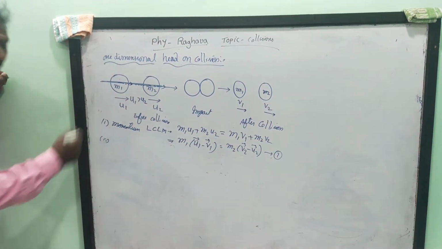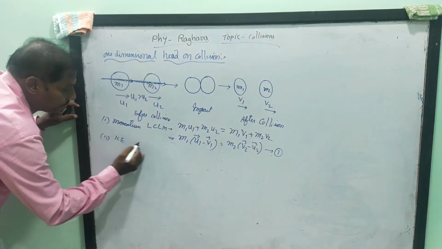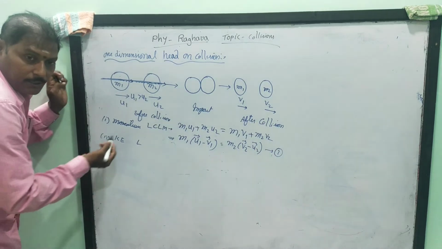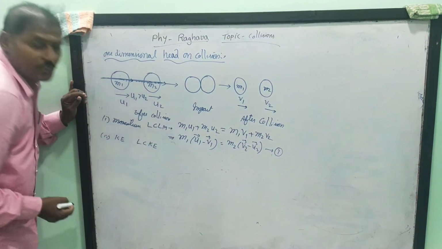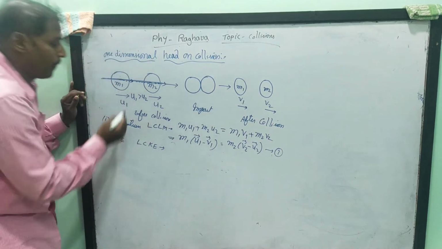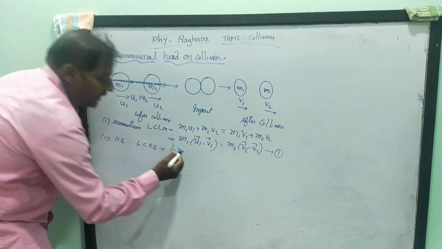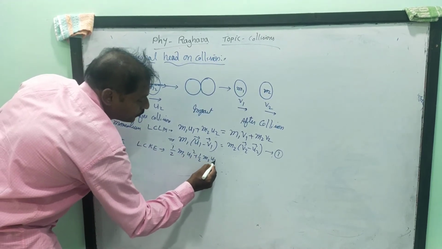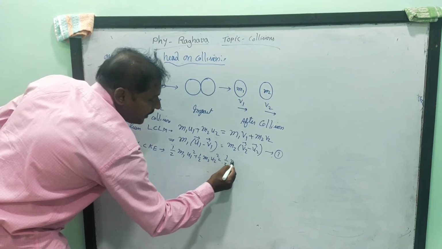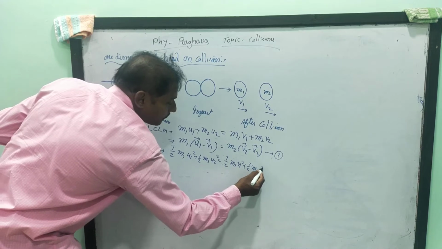Number 2, according to the law of conservation of kinetic energy, kinetic energy means half m u square: half m1 u1 square plus half m2 u2 square is equal to half m1 v1 square plus half m2 v2 square.